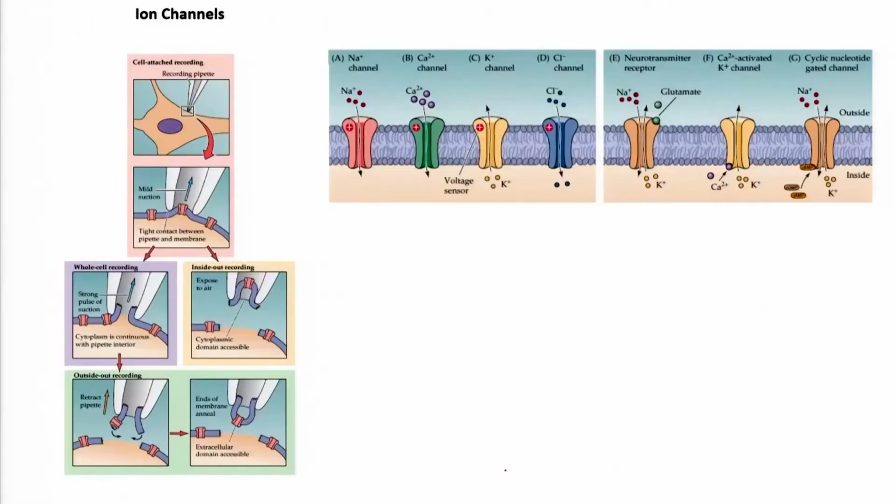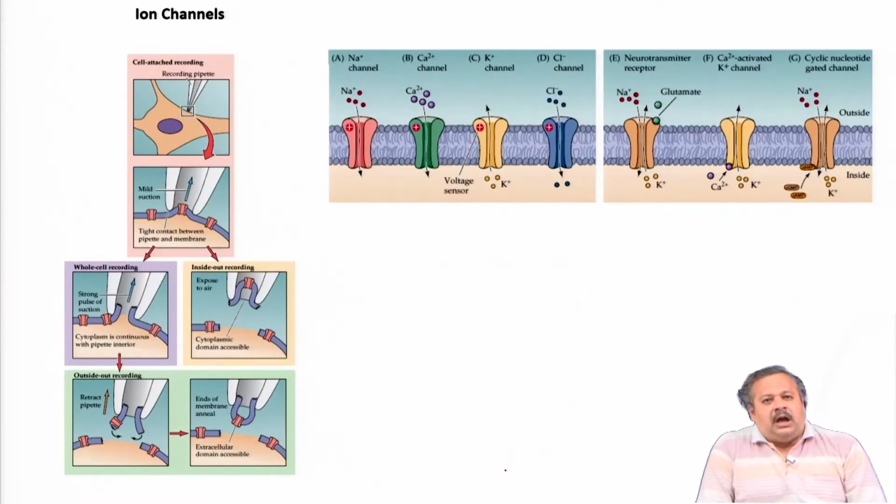If we recollect from our patch recordings that we had talked about, in our whole-cell recordings and sometimes in our recordings from single ion channels, if we can get a single ion channel on a membrane tip in an inside-out or outside-out recording, we can actually characterize the electrical properties of the single ion channels by measuring single ion channel currents.